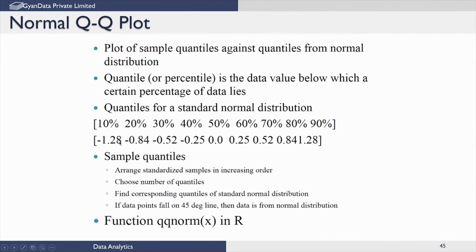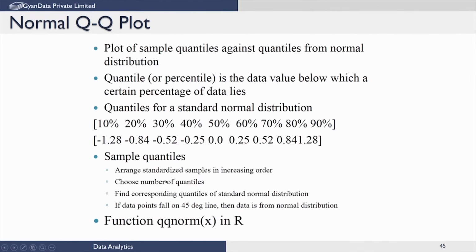This we can plot against the standard normal values, where the probability between minus infinity and the value is 10%, and the probability between minus infinity and that value is 20%, and so on and so forth. Those represent the x values corresponding to these probabilities, and we can plot it. Remember, of course, before computing these quantiles we have arranged the data.